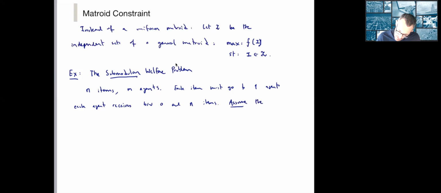So we assume that the utility of agent i is a submodular function. In other words, the utility of agent i is some submodular function f_i of S, the subset, possibly empty, possibly everything, of the items that are allocated to agent i.